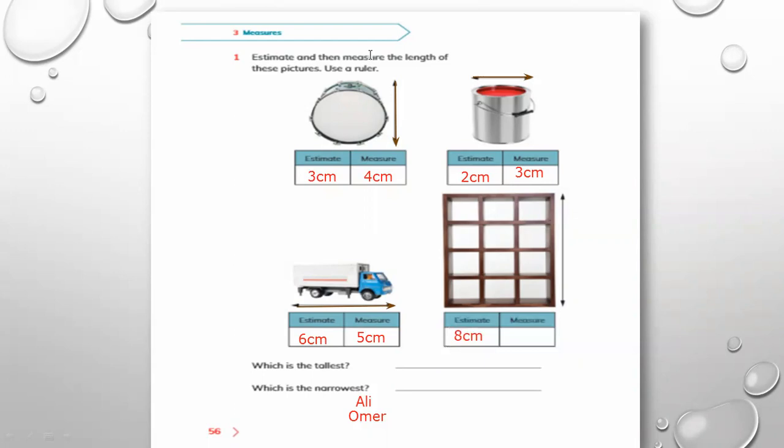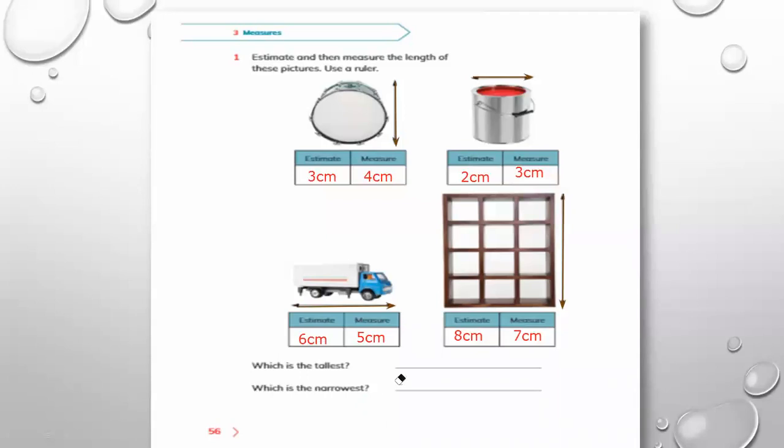When we use the ruler, let's see how long it is. You have to start with the 0, put your ruler and measure. It is 7 centimeters. So we have 4 centimeters, 3 centimeters, 5 centimeters, and 7 centimeters.